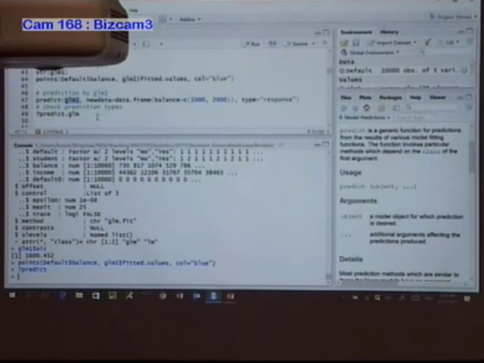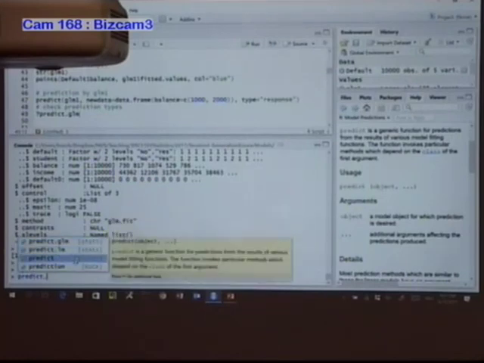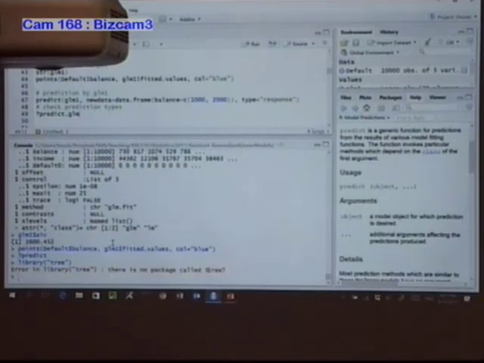So the real member function is predict.glm. You can type predict dot, and you will see there's predict.glm, predict.lm, whatever, and there's the umbrella function. And if you load a library like tree, I don't have tree.